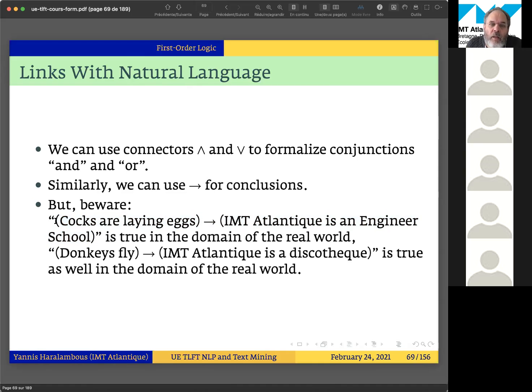So this formula, cocks are laying eggs implies that IMT Atlantique is an engineer school, is a true sentence in the real world. Also, donkeys fly implies that IMT Atlantique is a discotheque, is also a true sentence in the real world, because it's an implication, the left part of it, which is false.